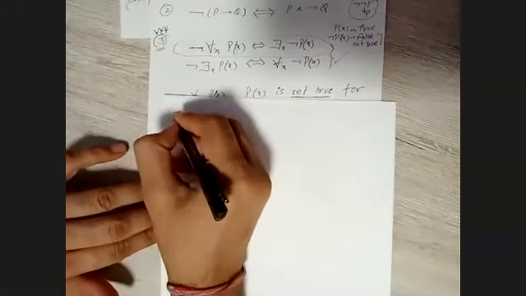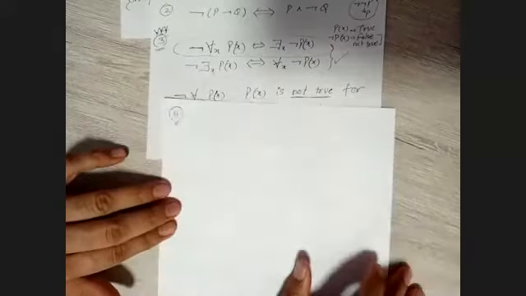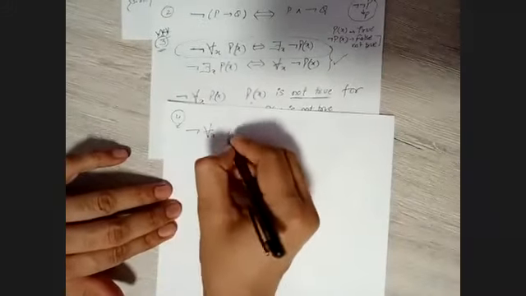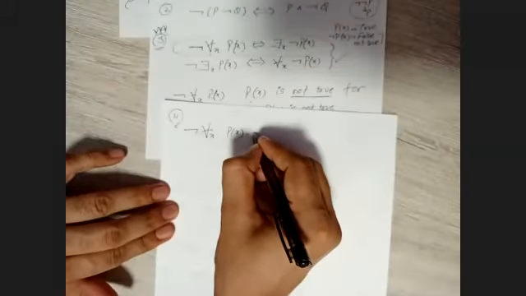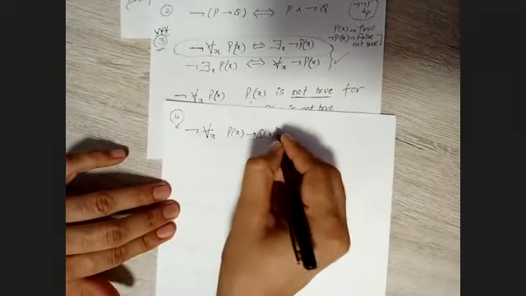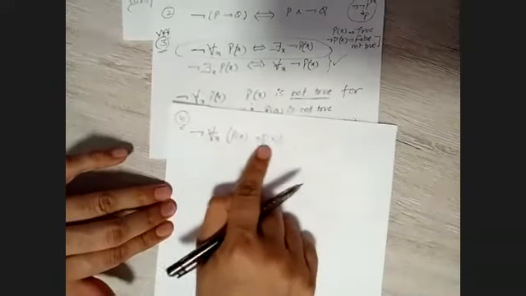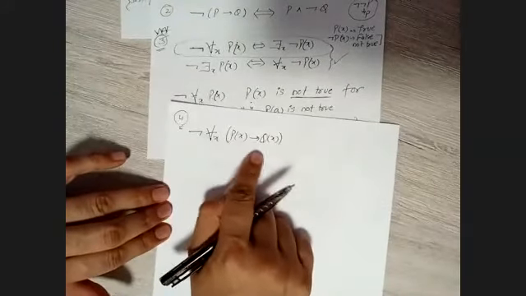For example, understand the fourth one here. Negation of for all x, I am saying p of x implies q of x. I hope all of you know the truth table for implication and all those things, right? Okay, just let me give you an overview here.